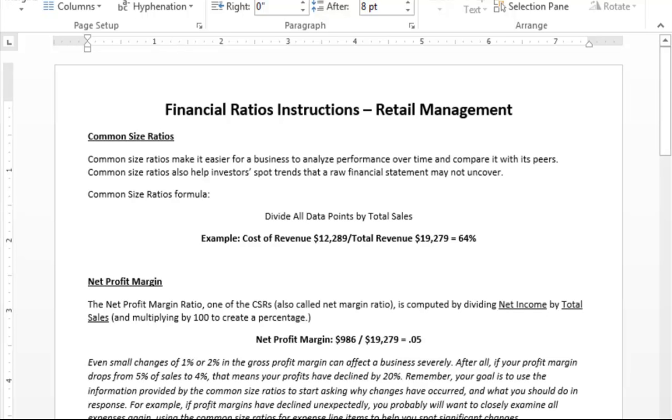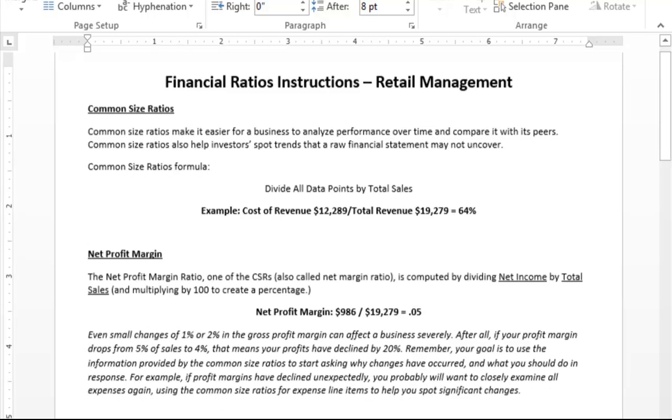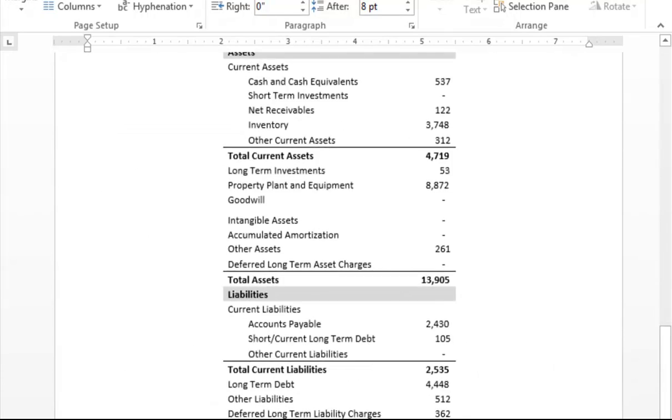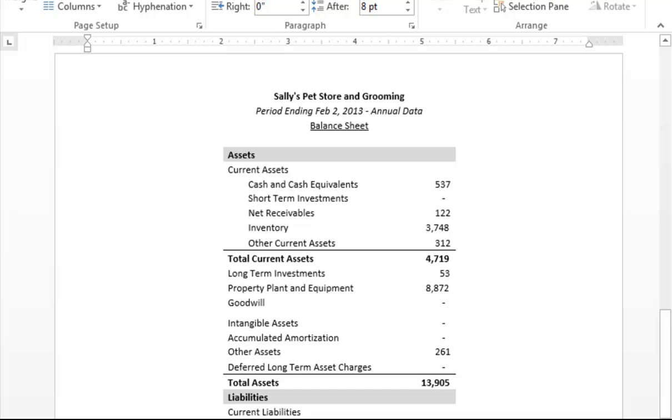Before we get into the ratios that are commonly used in retail management, let's take a look at the business documents overall. First one we're going to look at is the balance sheet. And that is the snapshot of the business overall, or in this case, an annual report, so for the entire year.